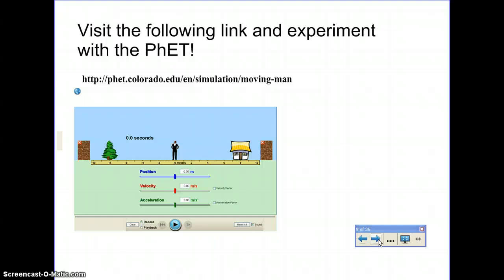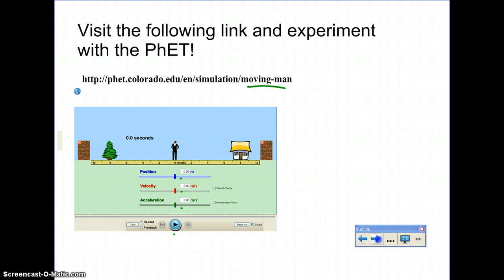So this is the Moving Man PhET. What this does is it allows you to experiment a little bit with how, when you change these sliders for position or velocity or acceleration and then hit play, you see how he moves, and it gives you some options for viewing how these graphs are produced by his motion.